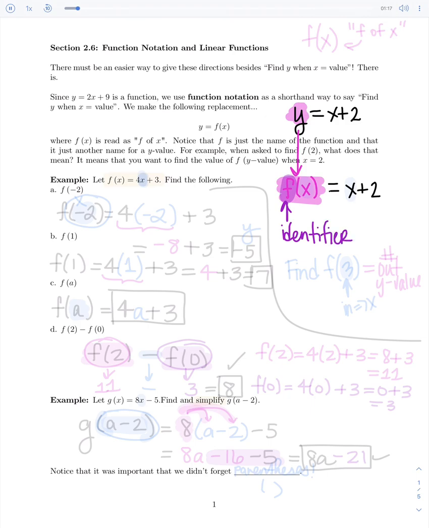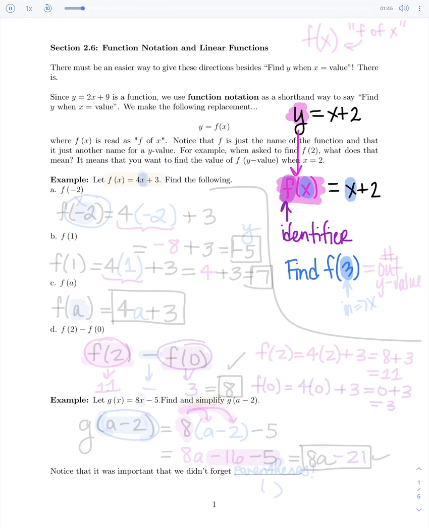It also gives us the possibility of quickly asking for something. Right now I'm leaving the x as an x, but if I said find f of 3, putting a 3 inside the parentheses instead of the x, that would mean to take that 3 and plug it in wherever there's an x.